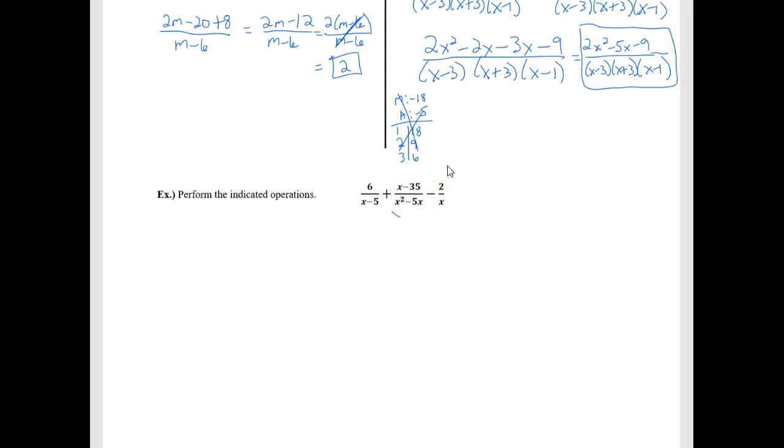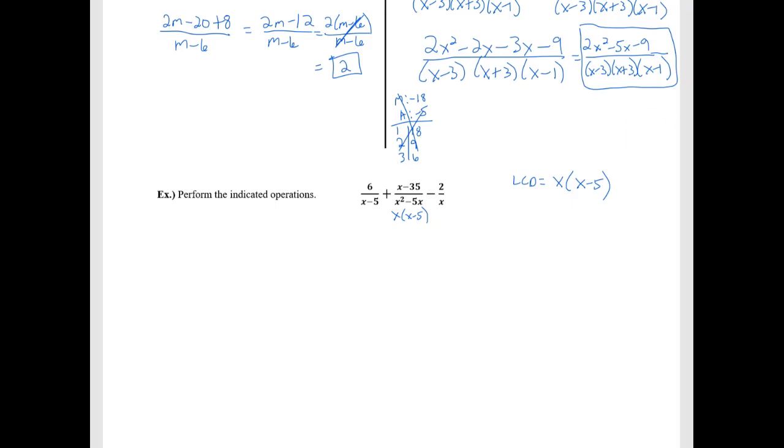I see a GCF of x, which we can take out, and be left with x minus 5. The LCD, as we can see, has an x minus 5 and an x, so all of them can be condensed into x times x minus 5. They all have one or both of those.